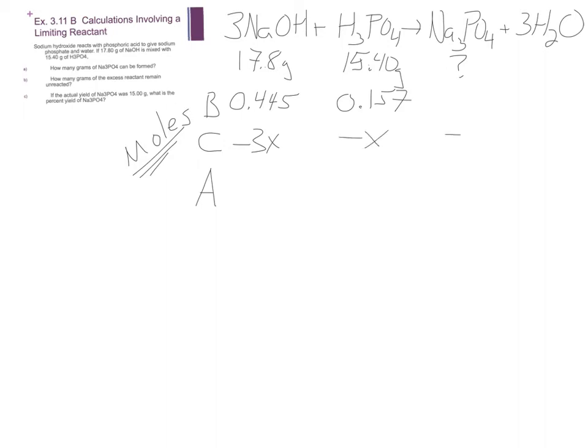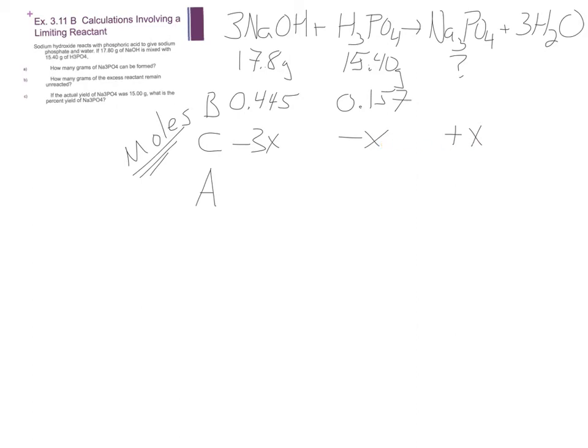And my product is going up by positive x. So we think about this algebraically. We're not going to really do the algebra here because we'll know what x is in a moment. But this is how we want to think about the coefficients. The sodium hydroxide is changing 3 times faster than the phosphoric acid. They're both going down. And the sodium phosphate is going up by a 1 to 1 ratio. So we always treat the coefficient of 1 as x.